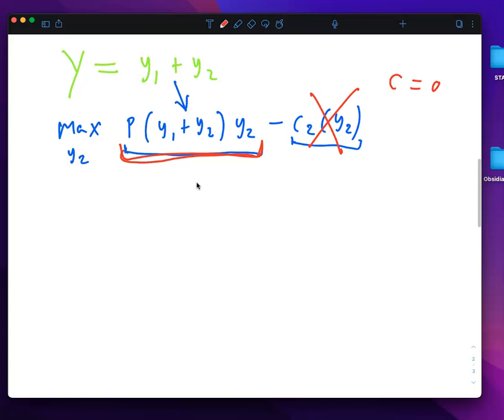Now, the follower's profit. So player two's profit depends on the output of player one. So in order to describe this mathematically, you would say that player two's output is a function of player one's output.